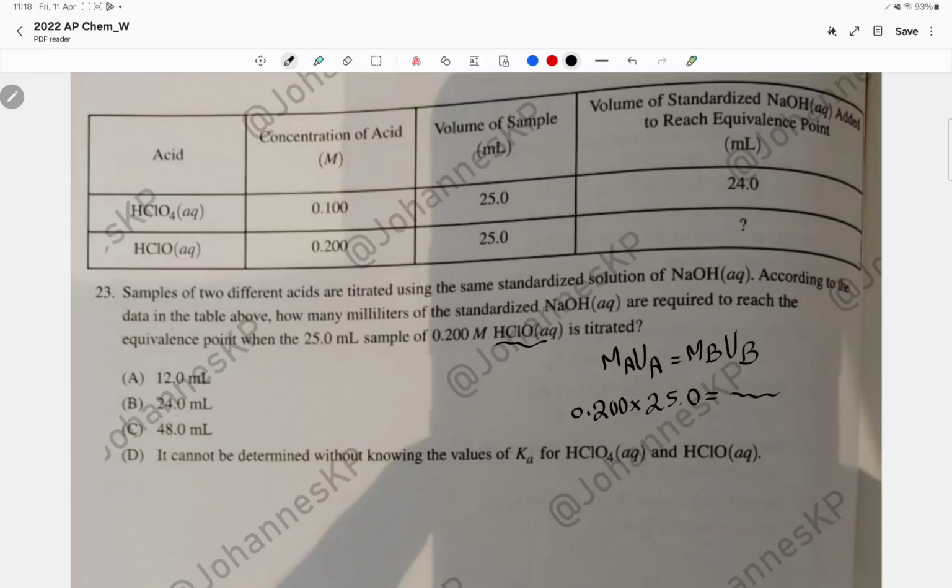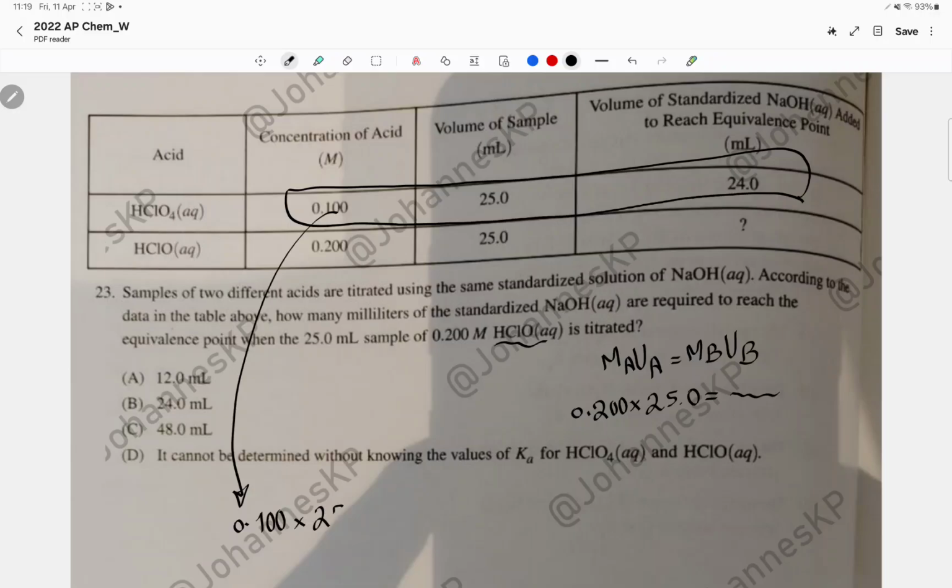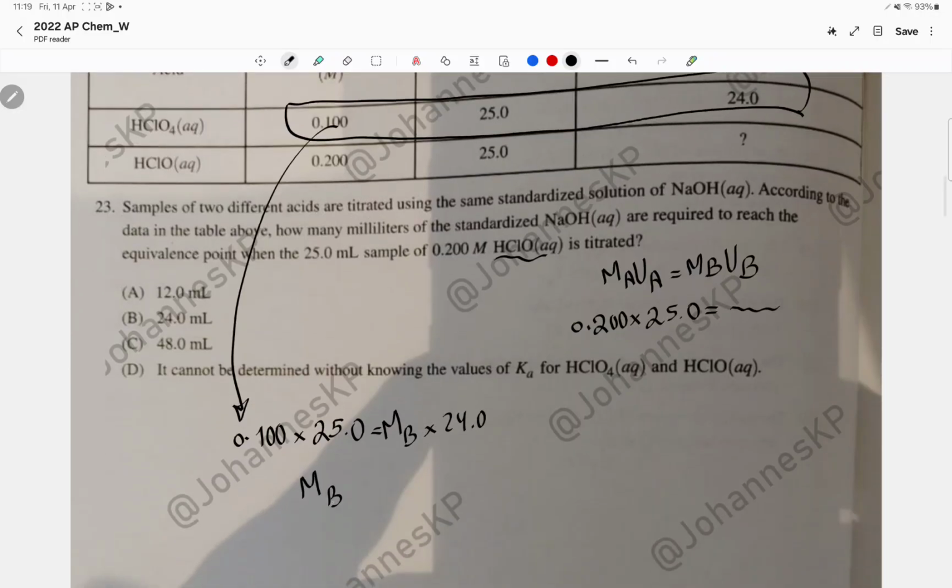So right now it's our job to find the molarity of the base by using the first row. I'm going to say molarity of the acid times the volume of the acid equals molarity of the base times the volume of the base. Let's find the molarity of the base.